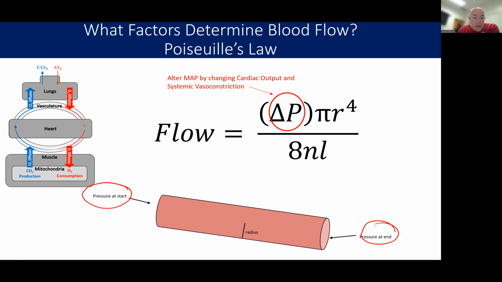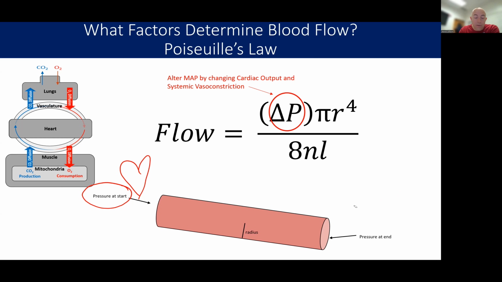And in our case, the pressure at the start would usually be generated mostly by your heart, so a lot of it would be like your systolic and diastolic blood pressure. And the pressure at the end of the tube would probably be your venous pressure, your back pressure, or sometimes your intramuscular pressure can create that pressure gradient there.